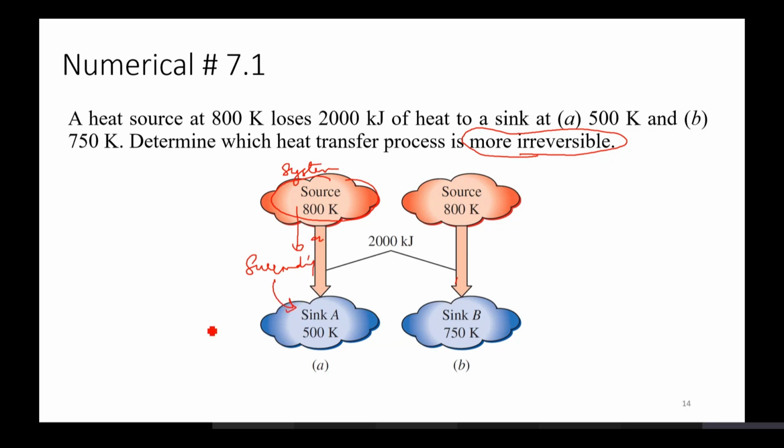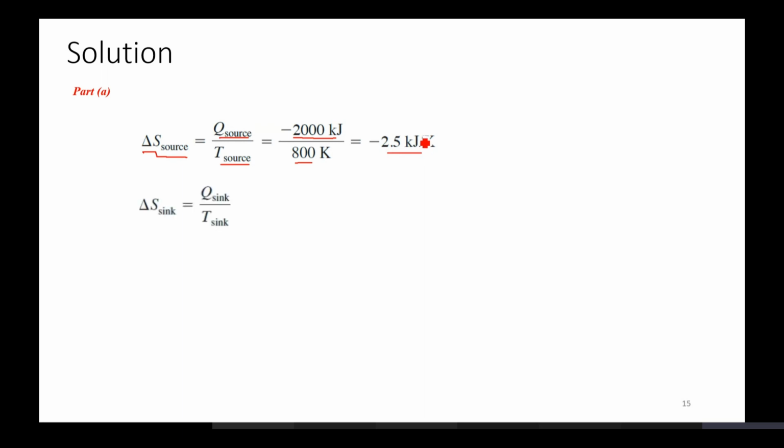So if you remember the expression for entropy, the change in entropy of your source is essentially heat released from the source divided by the temperature of the source. So this is minus 2000 kilojoules, because the heat is leaving the high temperature source, which is at 800 Kelvin. So the change in entropy becomes minus 2.5.